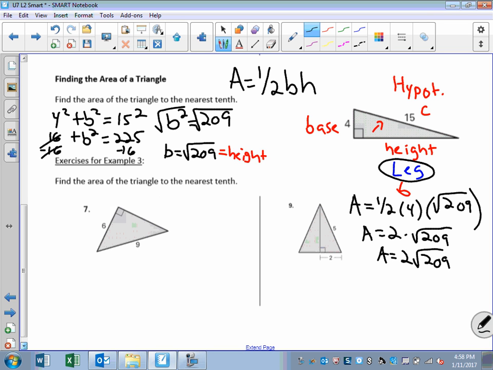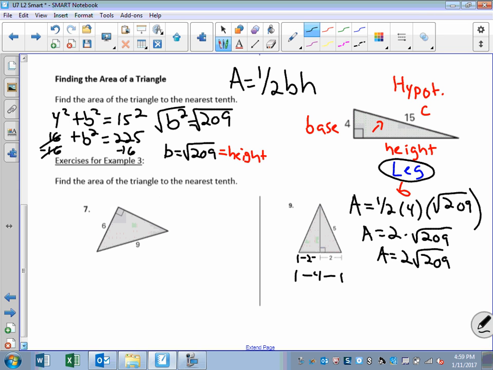Now you guys are going to solve the next 2 problems. Number 9 is a little tricky because they gave you half the base. So you need the other half of the base. So the total base is going to be 4. Just be careful with that.